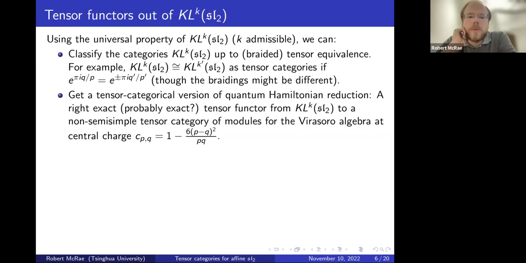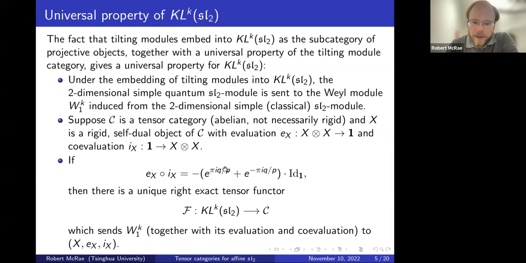And so we can use this universal property to get a lot of interesting tensor functors which come out of KL_k, because there are a lot of categories that have objects like this X object. So for example, we can classify the KL_k categories up to braided equivalence because, for example, if two different levels, k and k prime, give you the same roots of unity, at least up to inversion, then the scalar that you get when you compose e_X and i_X will be the same.